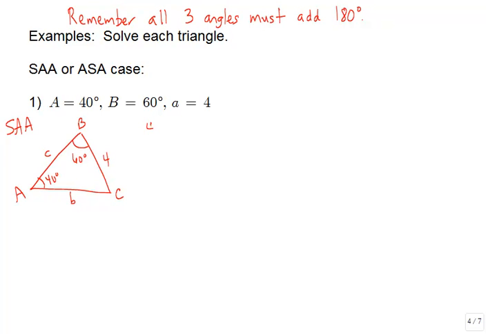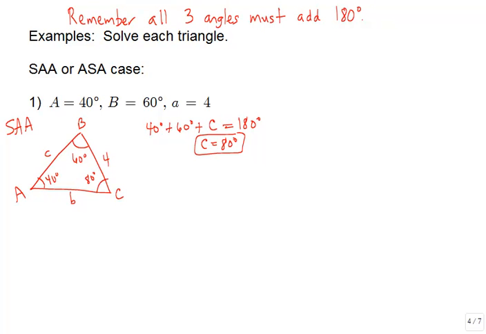So 40 degrees plus 60 degrees plus angle C has to equal 180 degrees. 40 plus 60 is 100, so that forces angle C to be 80 degrees. So now we know that this angle right here must be 80. So we know all 3 angles.